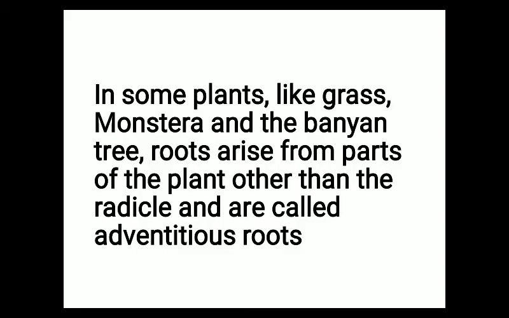In some plants like grass, monstera and the banyan tree, roots arise from parts of the plant other than the radicle and are called adventitious roots. So this is very important.